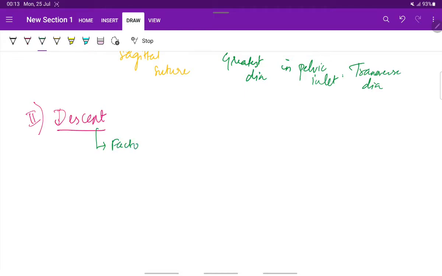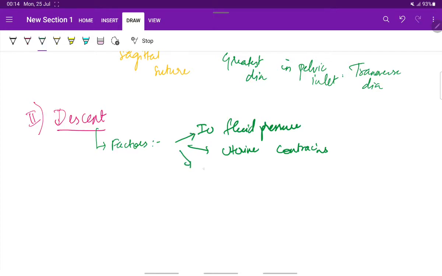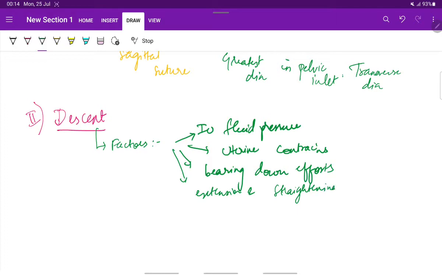The factors responsible for the descent include the intrauterine fluid pressure, the uterine contractions, the bearing down efforts by the mother, and also the extension and straightening of the fetus. So this is the descent.